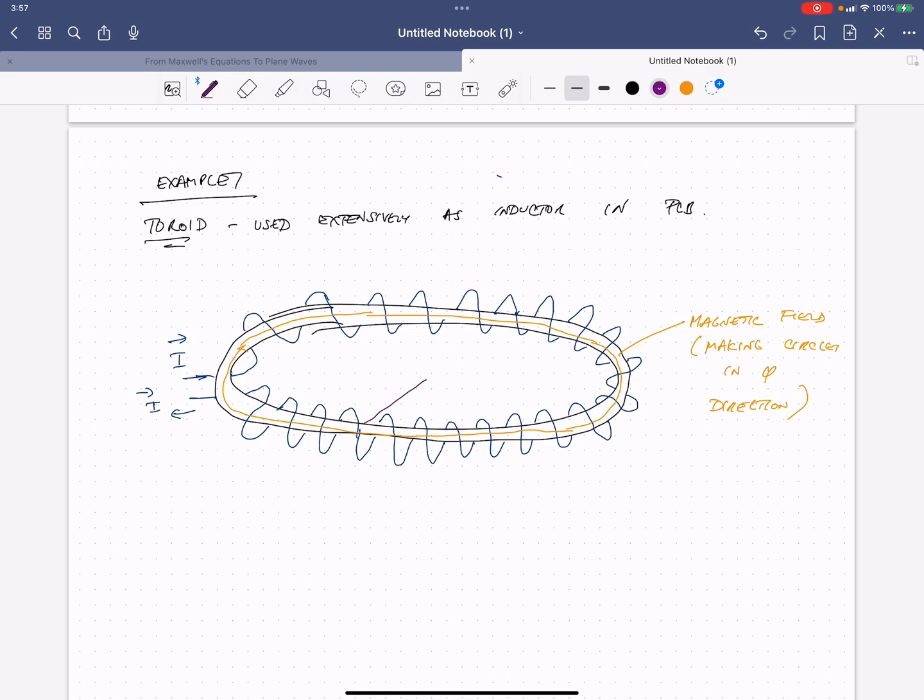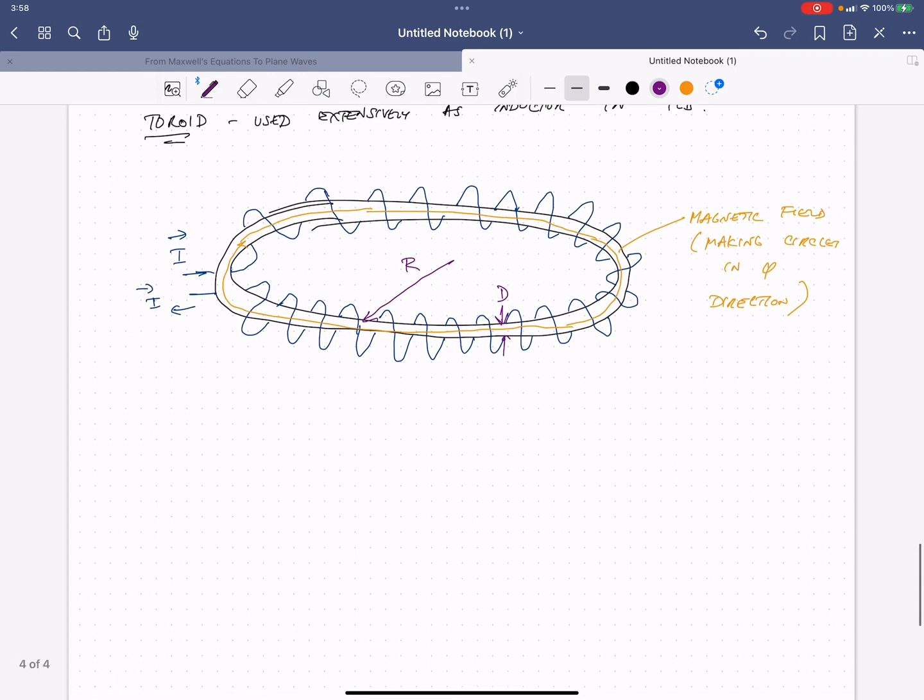Let's say the radius of this toroid, which is this shape, is r, and the thickness is d, and let's say n is the number of loops, the number of times the wire loops around this dielectric.